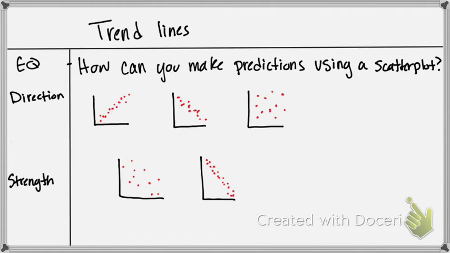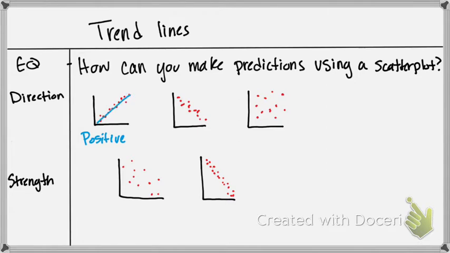We learned about direction and strength, and so here in these first three we're going to look at direction. I know the first one is going to be a positive association, because our trend line is going up as a positive slope.